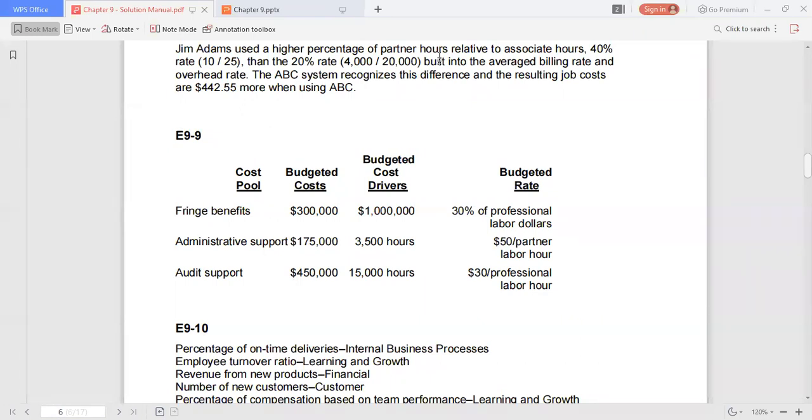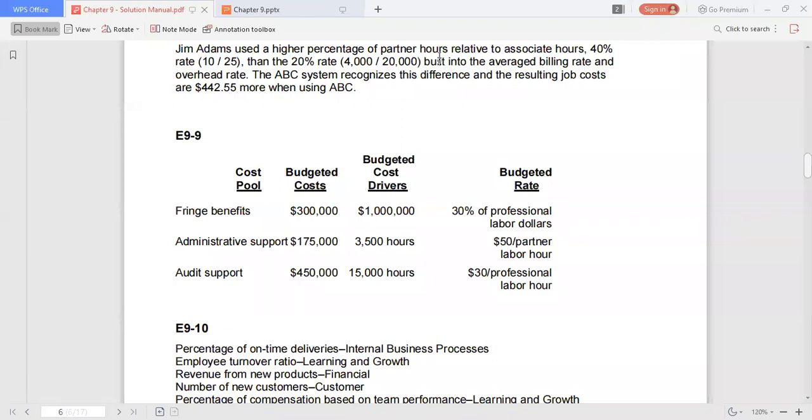So again, we have to emphasize what the important terms are. We are now using cost pool and cost driver. So cost pool, we have now a group of expenses and costs that will be combined in only one title. So that's your cost pool, like say fringe benefits, administrative support, and audit support.